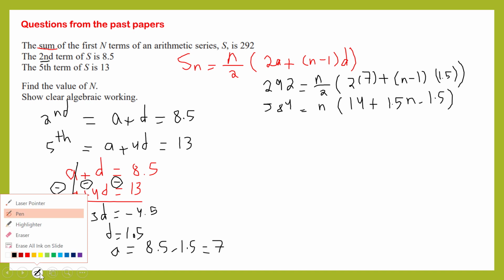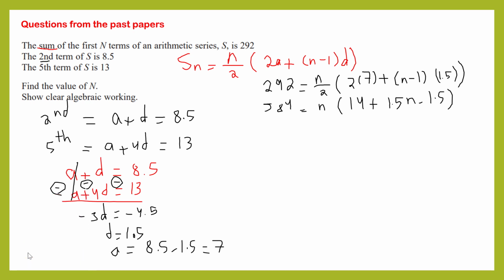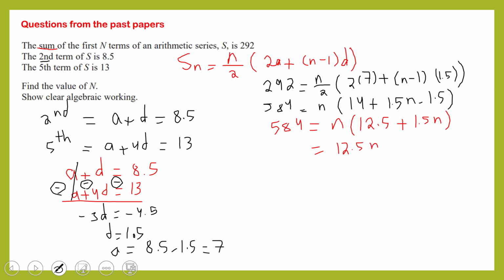It will be 14 minus 1.5, which is 12.5, and then plus 1.5n, multiplied by n here, equals 584. So you just expand, it will be 12.5n plus 1.5n squared equals 584.